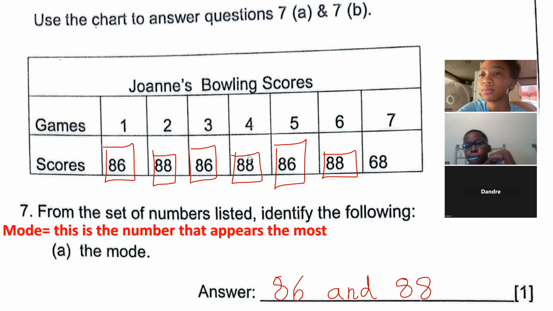What numbers appear the most? 86 and 88. Javon, what is the mode? The number that appears the most. Good. What two numbers appear the most? 86 and 88. So they are the mode.